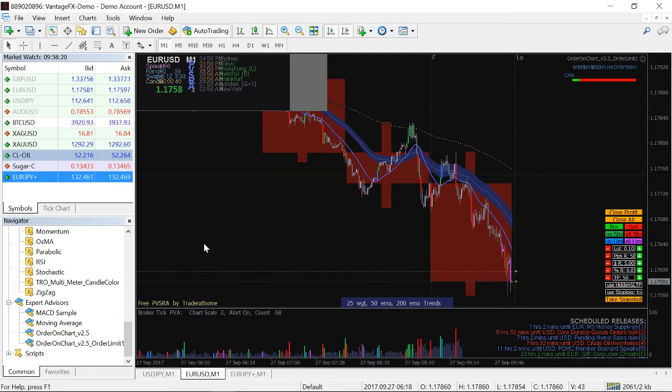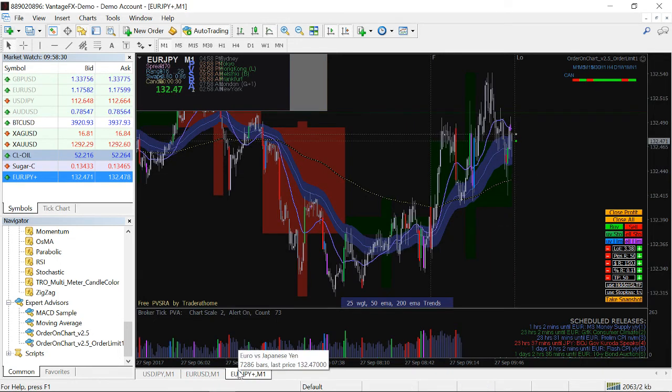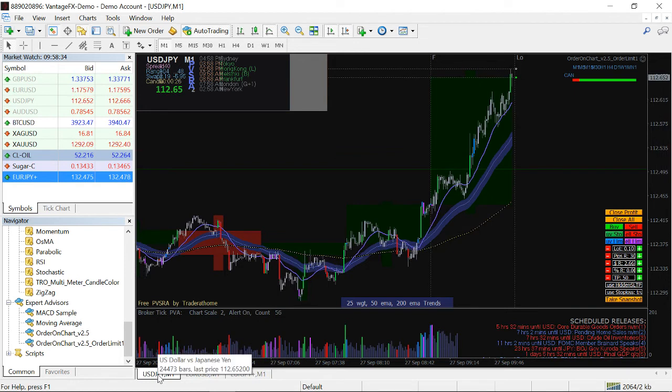So if you trade using PD arrays, if you look at this chart, it's much easier to understand where price is going rather than this other chart, right? So if you look at dollar yen, oh, this as well, this is much easier to understand, and we are about to start the London session in 2 minutes.